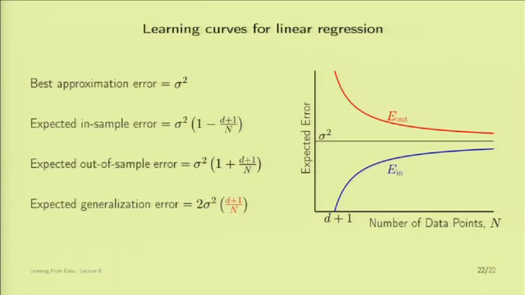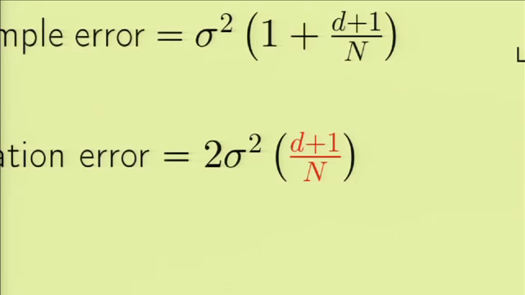OK? So let me magnify this. This is the generalization error. It has the form of the VC dimension divided by the number of examples. In this case, it's exact. And this is what I promised last time. I told you that this rule of proportionality between a VC dimension and a number of examples persists to the level where sometimes you just divide the VC dimension by the number of examples, and that will give you a generalization error.